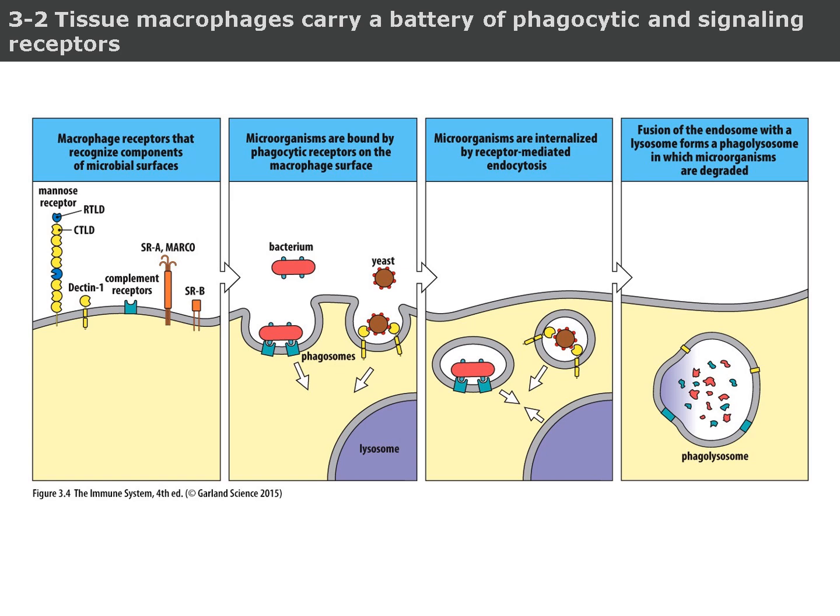Complement receptors detect molecules that have been tagged for destruction. Scavenger receptors, including type A and type B, as well as the macrophage receptor with collagenous structure, identify microbial patterns like lipopolysaccharides and proteins. Once a bacterium or yeast cell makes contact with these receptors, the macrophage binds the invader.